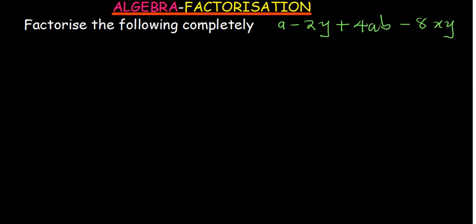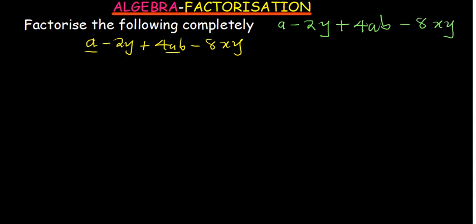So the question is, how can you work it out? The first thing, I'm going to get a minus 2y plus 4ab and then minus 8xy. What you are going to do is, you can see this has got an a, this one has got an a, this one has y, this one has also y.